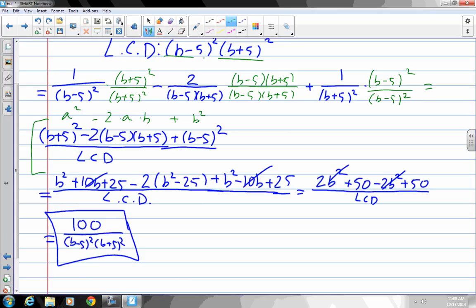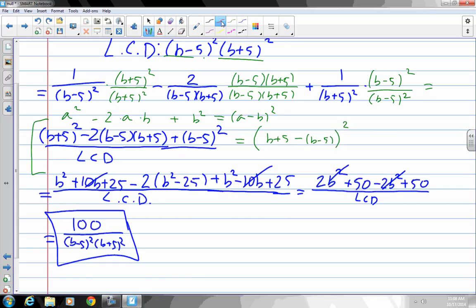What is playing the role of a over there? b plus 5. What is playing the role of b? b minus 5. We know that this thing factors into (a minus b) squared. Right? That's the formula. So that means this numerator can be treated as (b plus 5 minus the quantity b minus 5) squared.